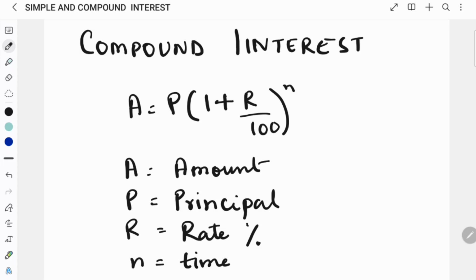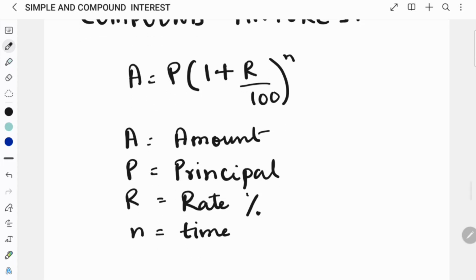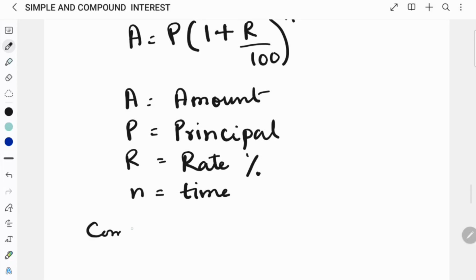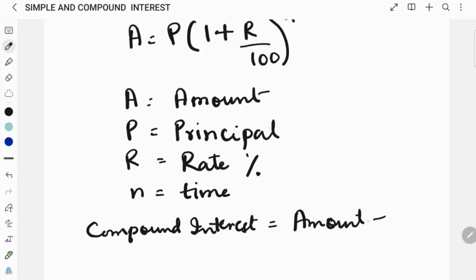So the compound interest equals the total amount minus the principal, and then you get that extra amount.